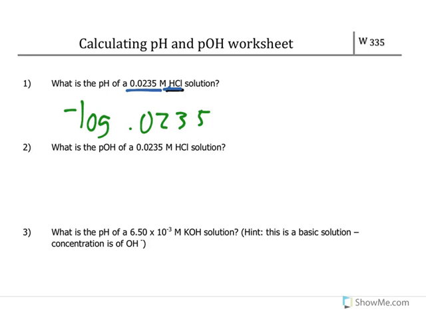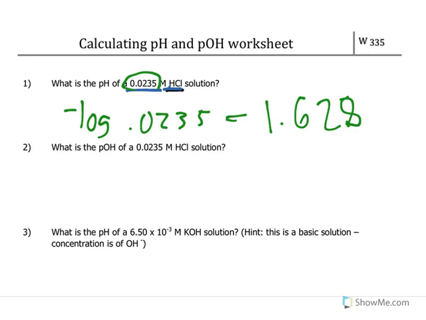You'll have to experiment with that and see which one works. But when we punch it in, it should give us 1.628. So the pH of that is 1.628. We did that just by doing the negative log of the concentration, which was right there.